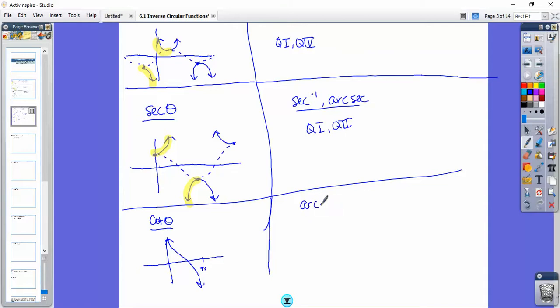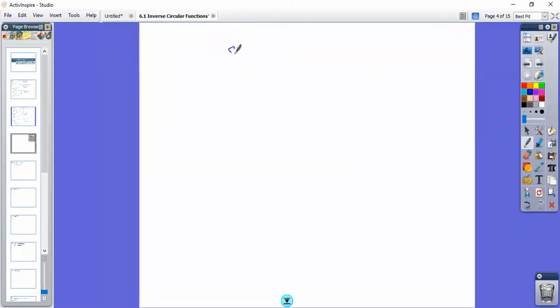So our cotangent inverse exists in quadrants 1 and 2, just like when we graphed it, we used quadrants 1 and 2. So today we are going to be evaluating these inverse functions.